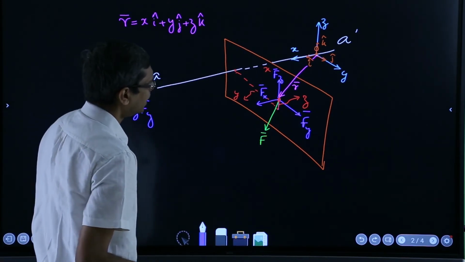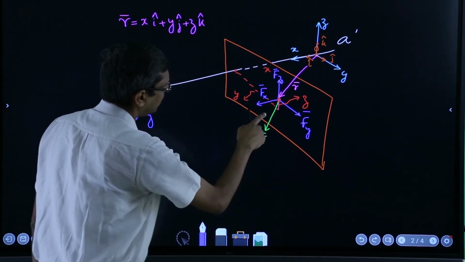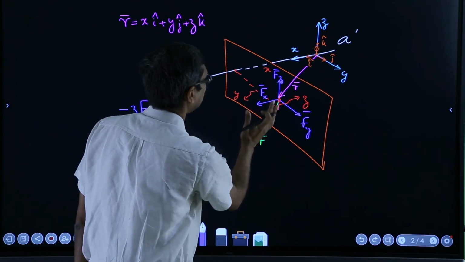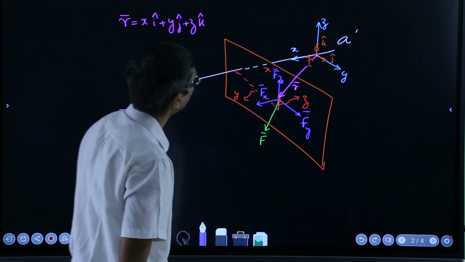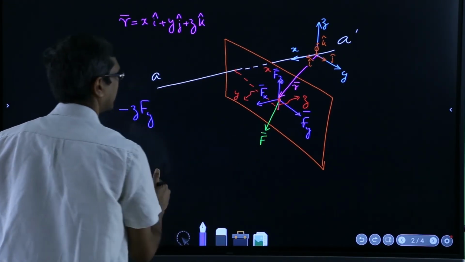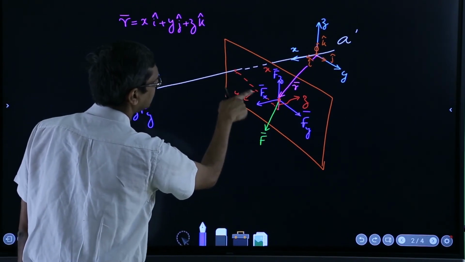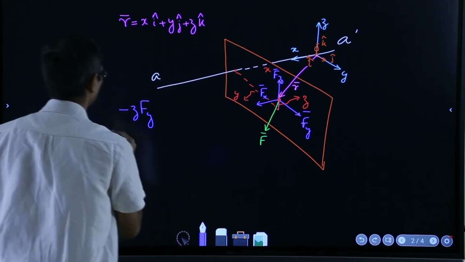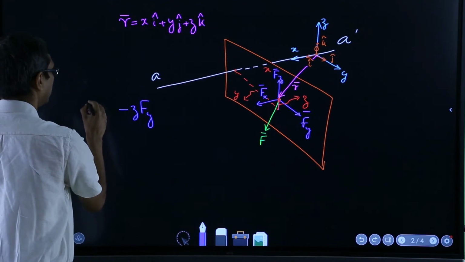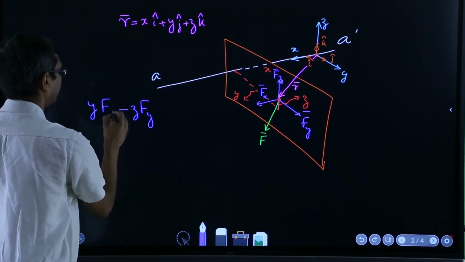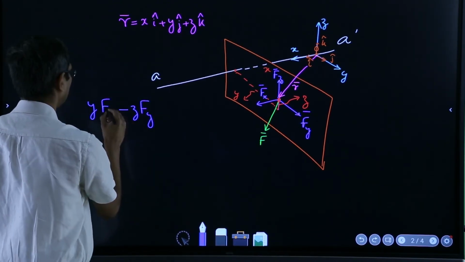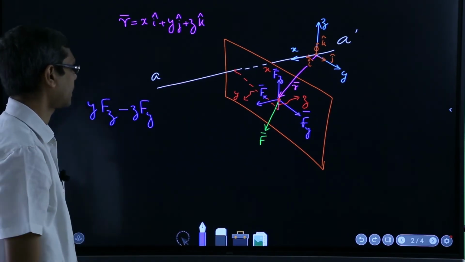Okay, then fz is in the positive direction, and its moment arm is y. So y times fz. Okay.